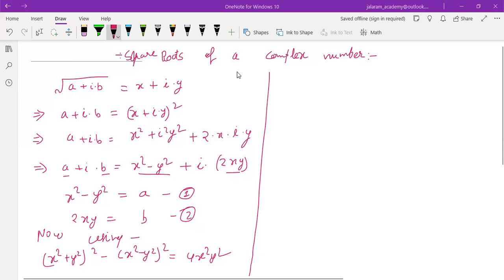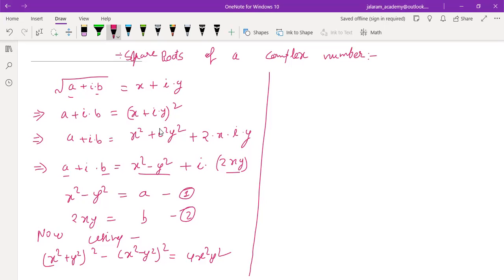So to find the square root of a complex number, first of all, a plus ib is a complex number and we have to find its square root. So root of a plus ib is considered as x plus iy. And then to remove the square root, we must square both sides. So a plus ib equals x plus iy whole square.